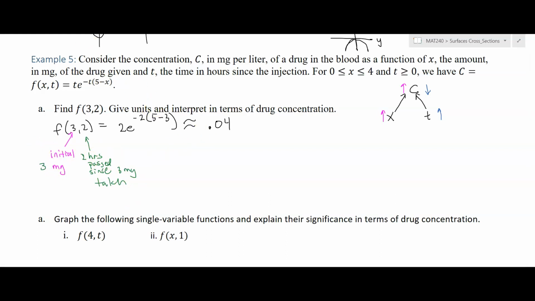And then finally, this output that we get from this function represents the concentration, which is 0.04 milligrams per liter in the blood after having taken 3 milligrams 2 hours ago.